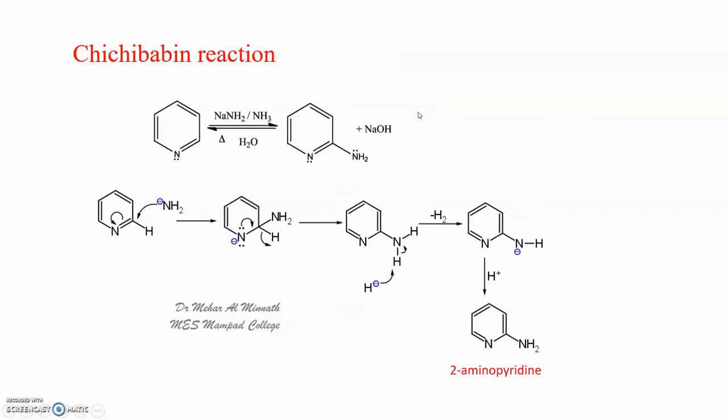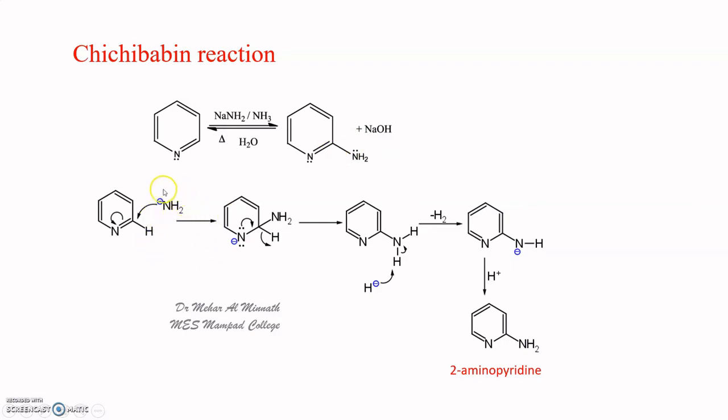Now, a very important reaction, the Chichibabin reaction, involves this nucleophilic substitution mechanism, the SNAr mechanism. You treat pyridine with sodamide and you get 2-aminopyridine, and see the mechanism here.